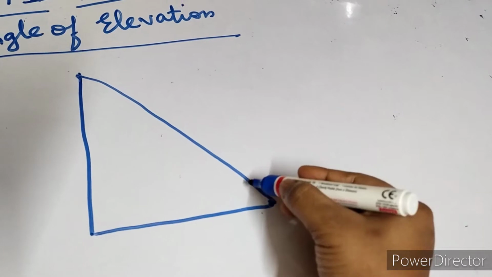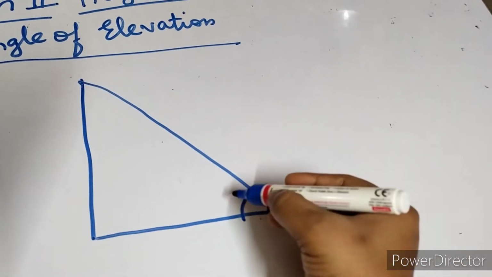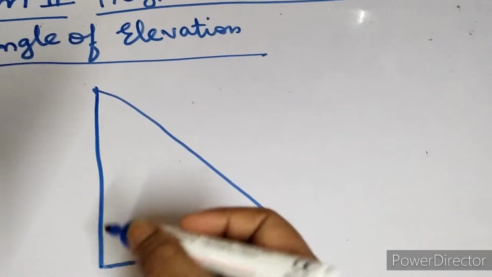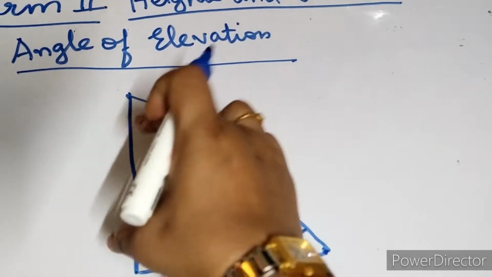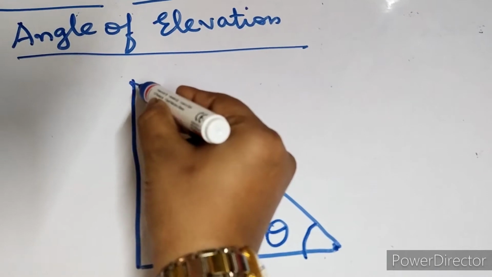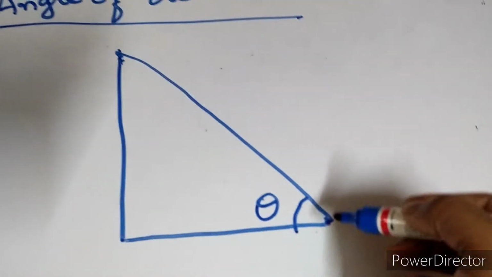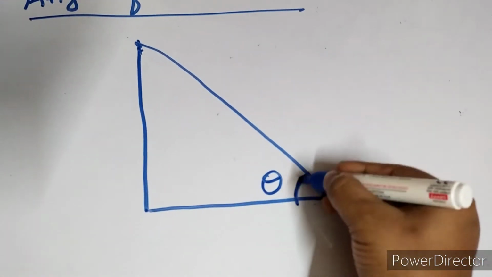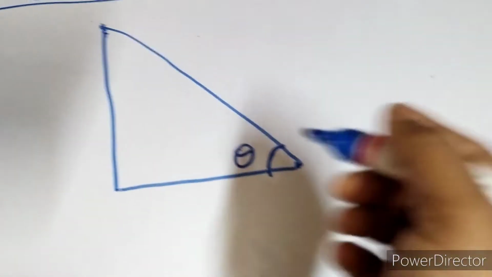Suppose this is a building or tower at a height, you're looking here and making an angle theta. So this theta angle is called angle of elevation.